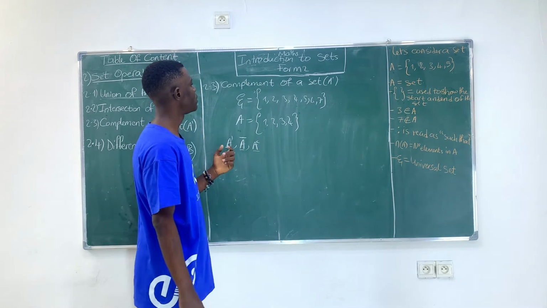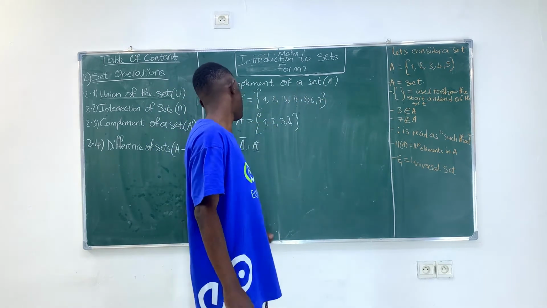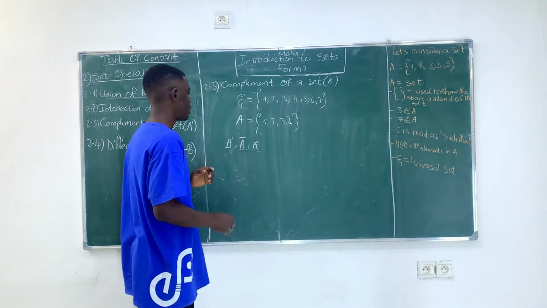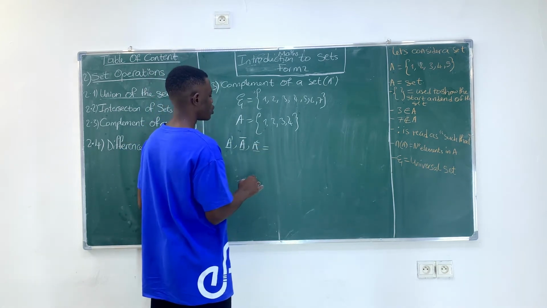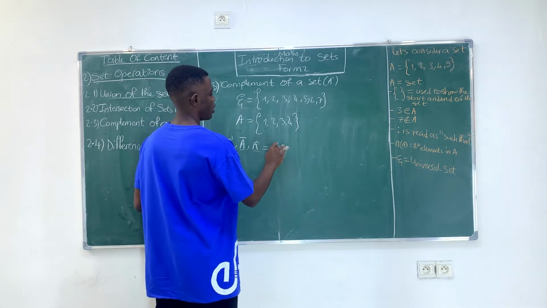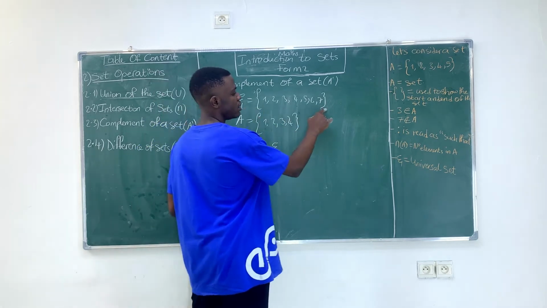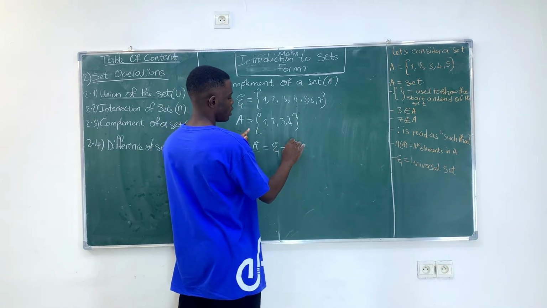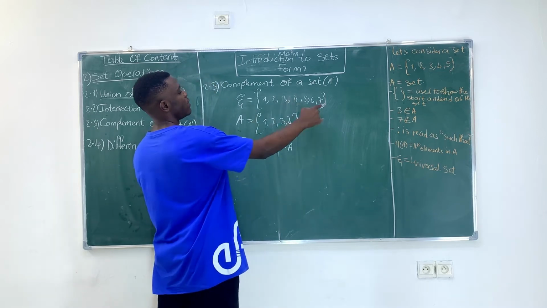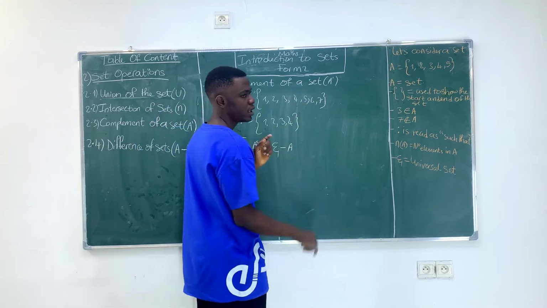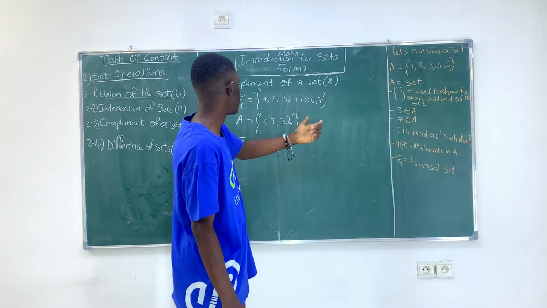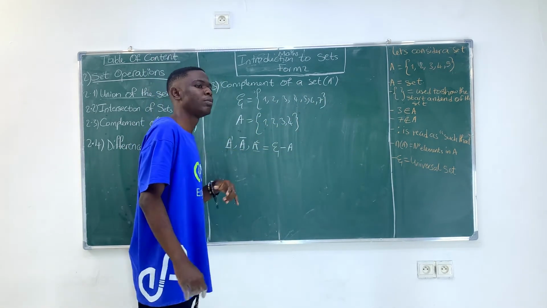They all mean the same thing. They all mean the complement of the set. So what will that be? That is equal to anything that is inside this universal set minus A. So anything that is inside the universal set that is not inside A. So every value that is in the universal set that is not in A is A complement.